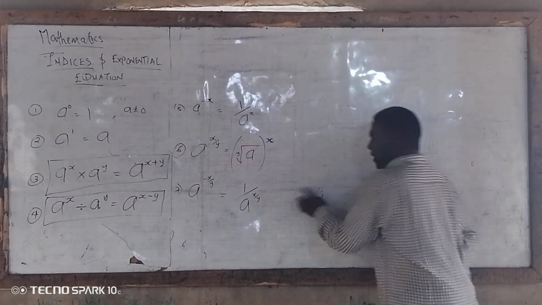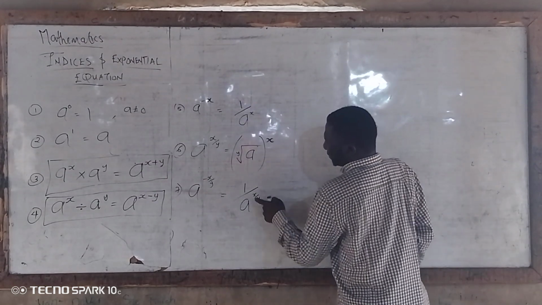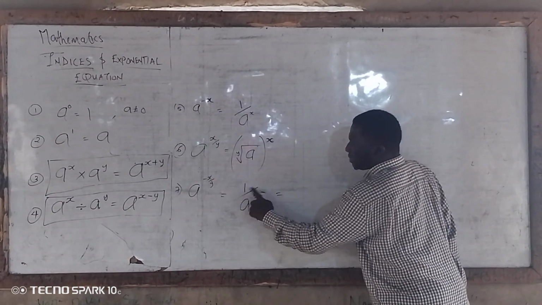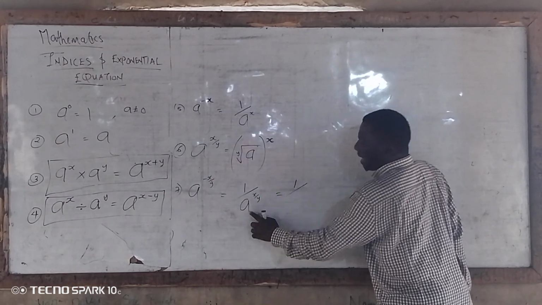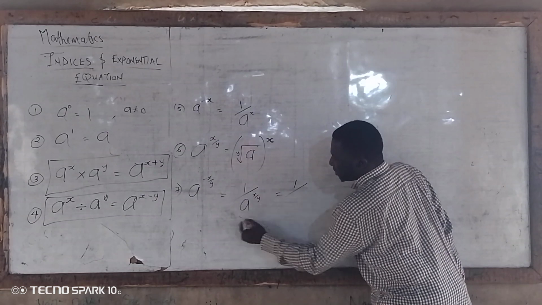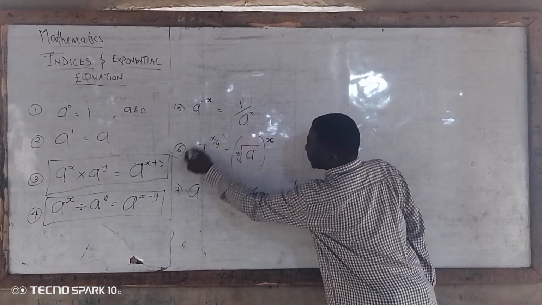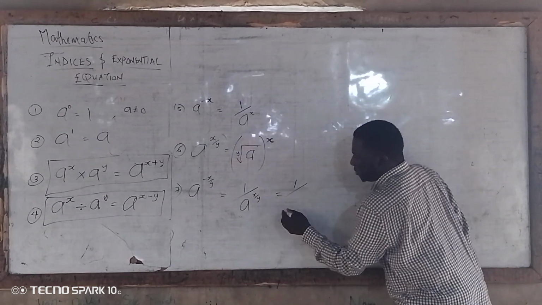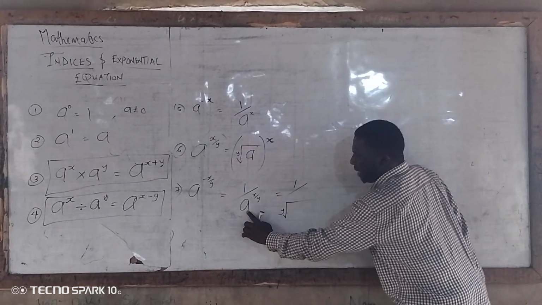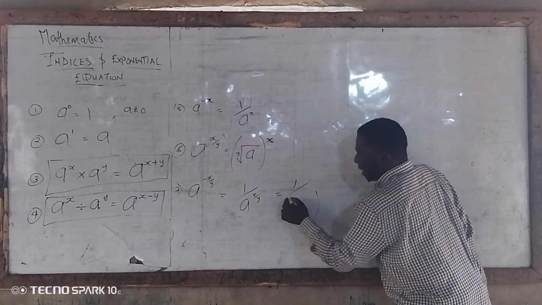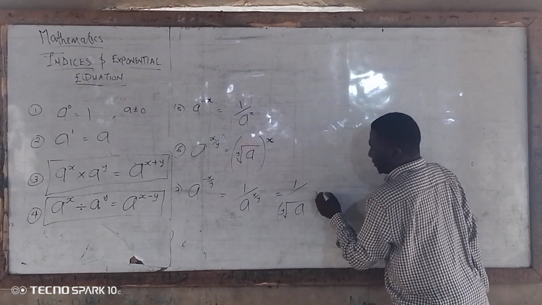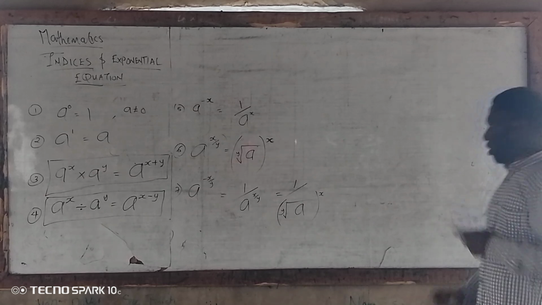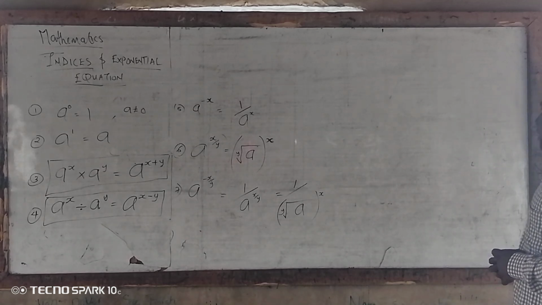So now, you will realize that this denominator is just the same thing as this one. So this 1 over, I'll still have it 1 over. Now this expression, this denominator, looks like this one, so I'll just make this one obey the same rule. The y will become the roots. The a will be in the roots. And the numerator, which is x, will become the power. So that's another law of indices.